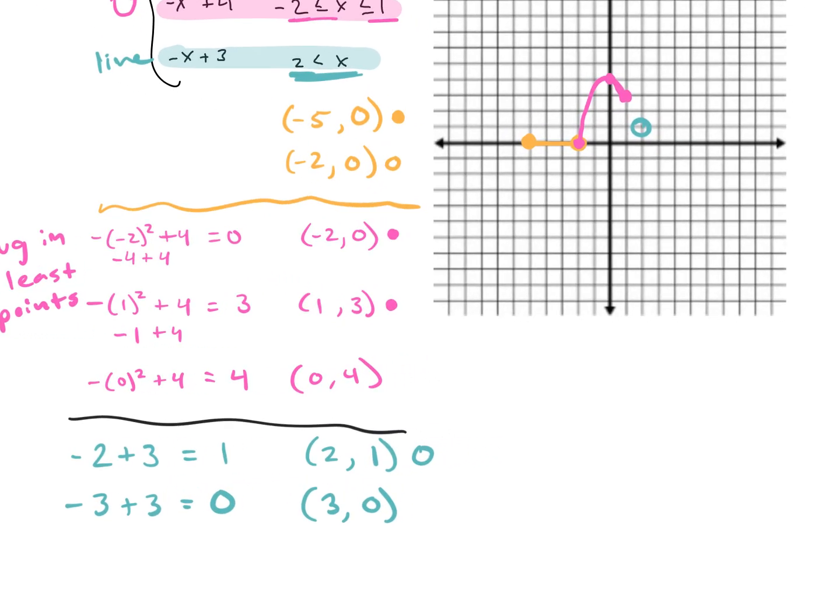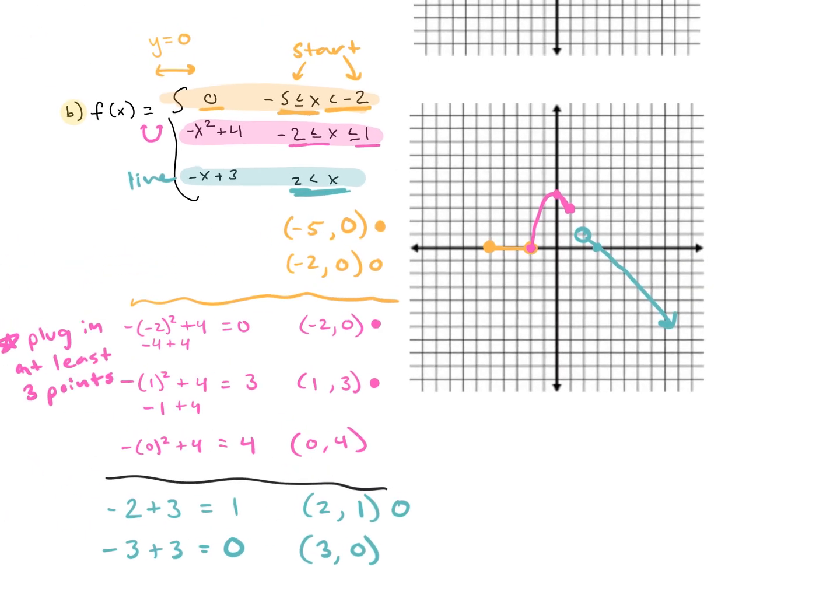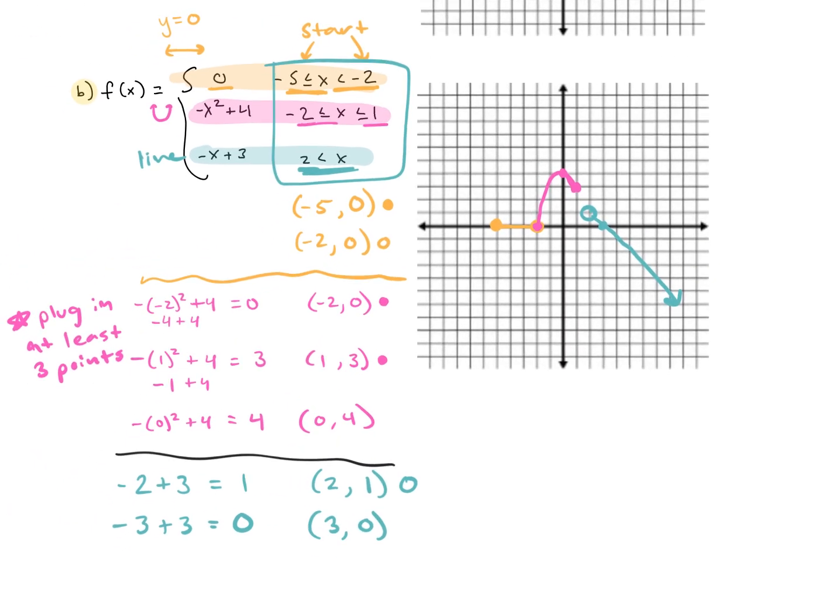Now remember, the second point just gives us direction. We don't have a stopping interval here. X could be anything greater than 2, so we're going to have an arrow. So we're going to go to the right 3, stay at 0, and then we can connect our points with a line. Any questions here?